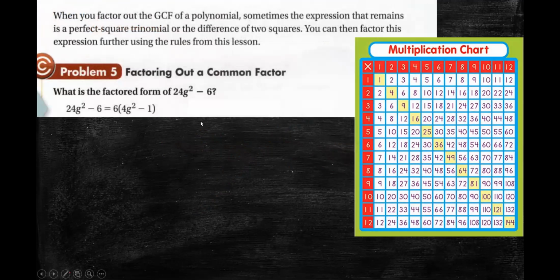Now, sometimes, like this example here, you have 24g squared minus 6, and I want to factorize them.